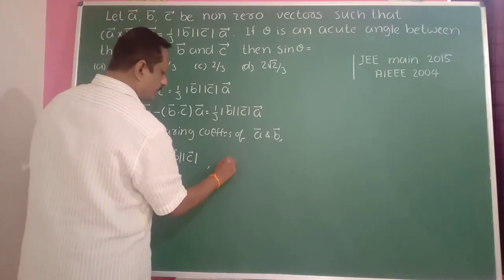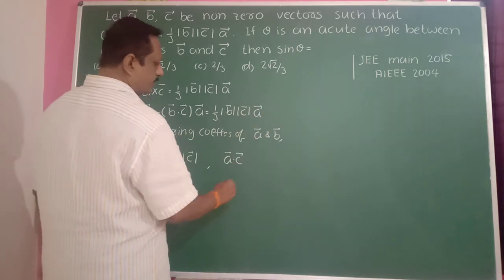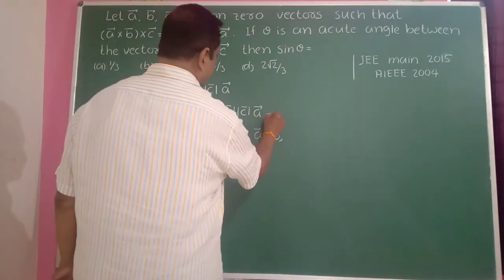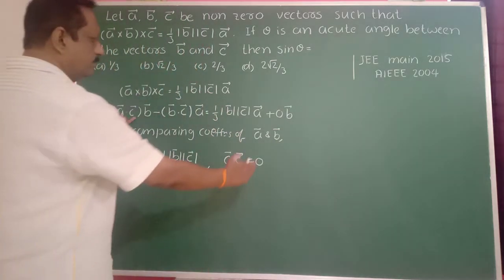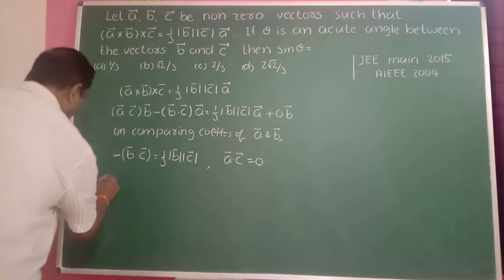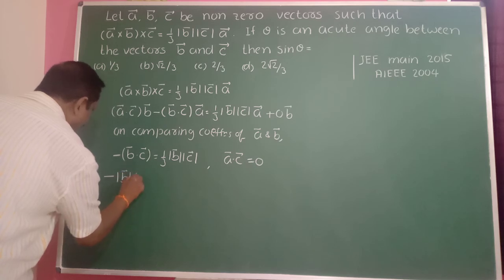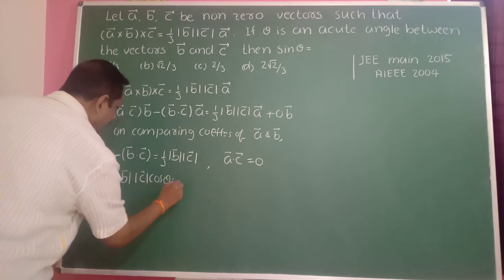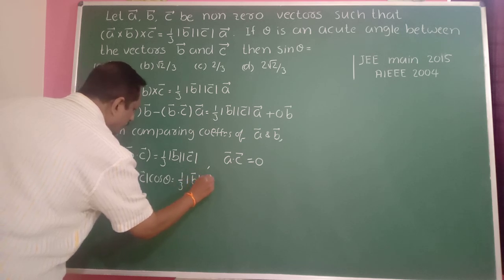On the right side there is no b bar term, therefore this is equal to 0. You can write this as 0 into the vector b bar. Then a bar dot c bar equals 0. Then minus (b bar dot c bar) is modulus of b bar into modulus of c bar into cos theta, equal to 1 upon 3 modulus of b bar into modulus of c bar.